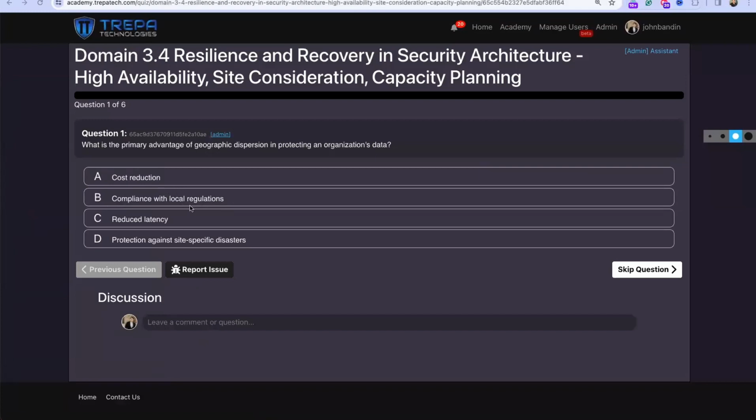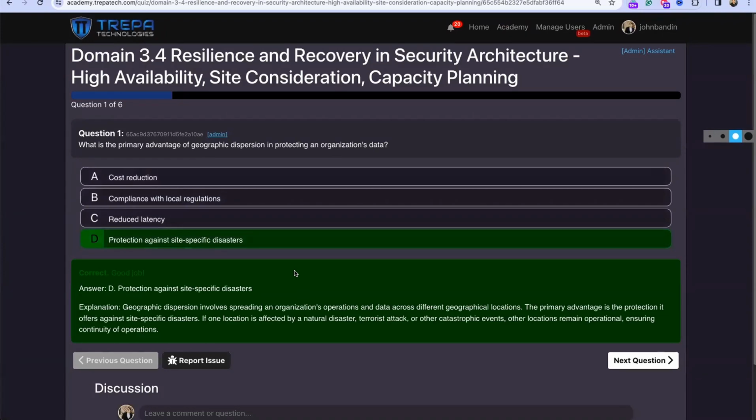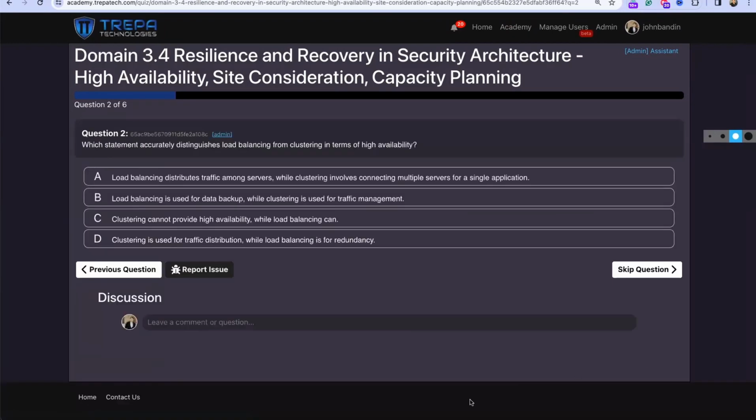No, it's going to cost us more. Compliance with local regulations. I wouldn't say it's an advantage, something you have to worry about. It could reduce our latency depending on where our users sit. But I think the primary advantage is going to be protection against site-specific disasters. So like we talked about, if you have data centers where earthquakes routinely happen, well, that's not very good planning, right?